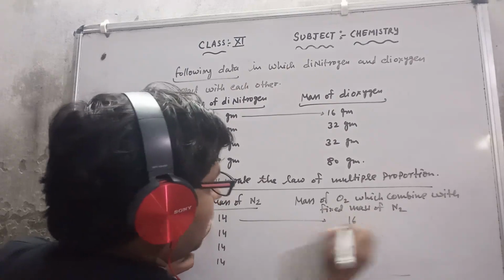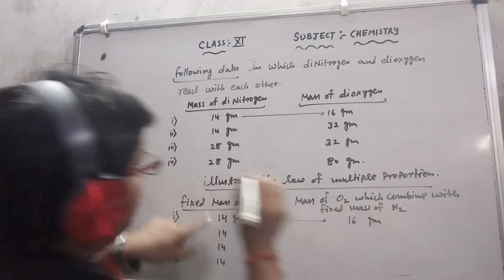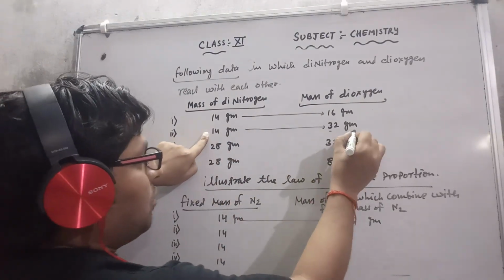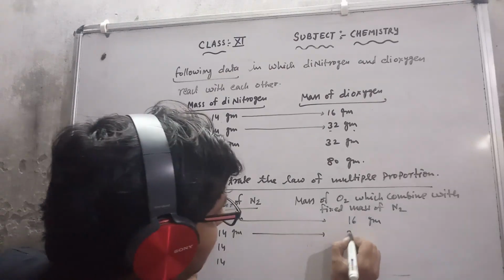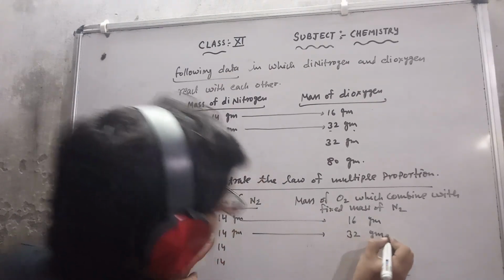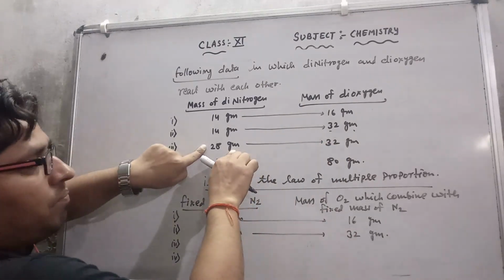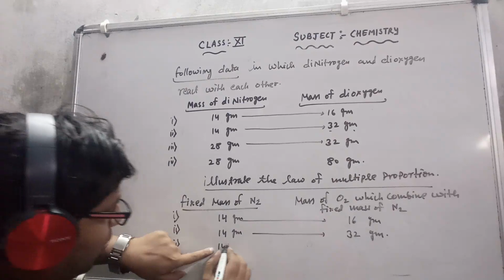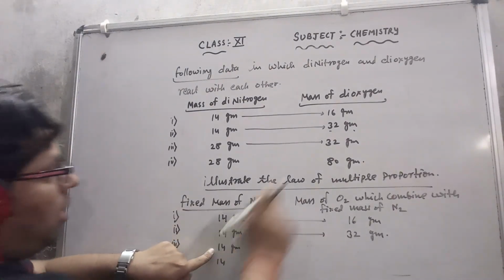This is 16 gram. For the second, again 14 gram of nitrogen reacts with 32 gram of oxygen. So how much oxygen is needed? 32 gram. Now 28 gram of nitrogen reacted with 32 gram of oxygen. So if the nitrogen is 14 gram, how much oxygen is needed?